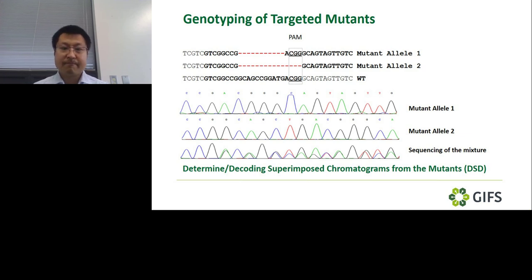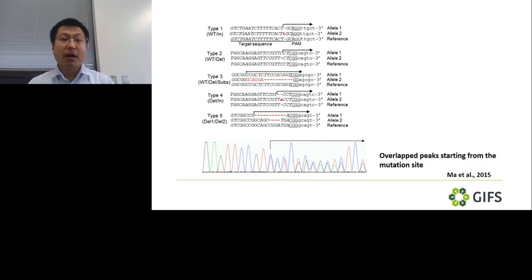Yeah, this is interesting and obvious, but what if you only have the superimposed chromatograms and you cannot read them directly? So that's why we invented the DSD method. First, we categorize the mutant types into 5 types.